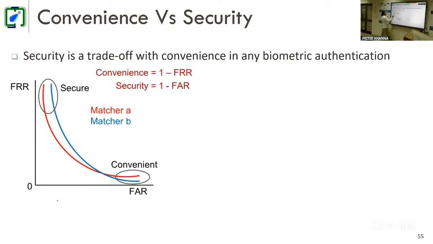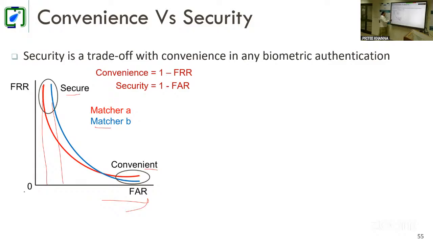Now there are two matchers, represented by different colors, matcher A and matcher B. If I ask you which is more secure out of matcher A and matcher B, and which is more convenient, in your opinion is matcher B more secure? Here the false accept rate is increasing.